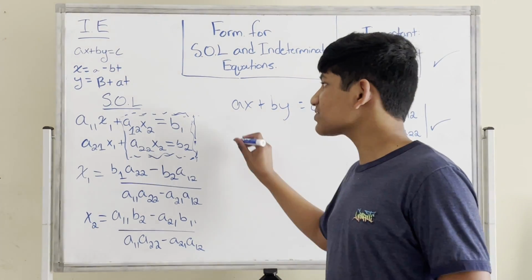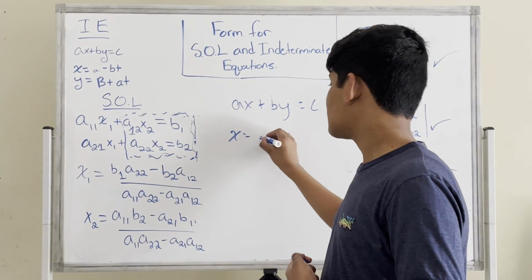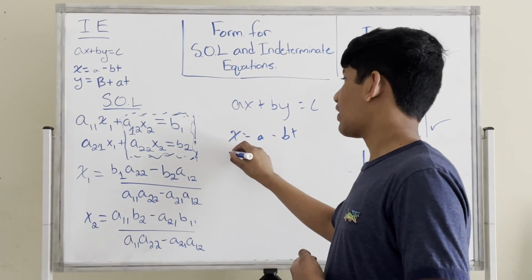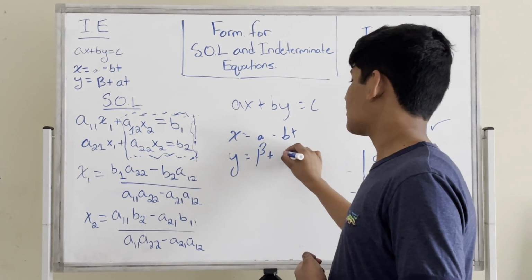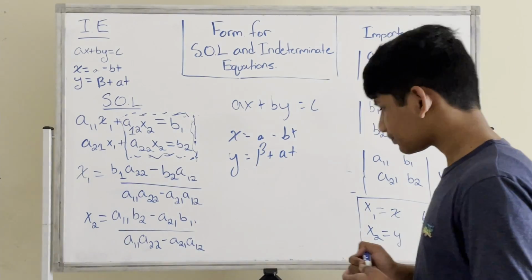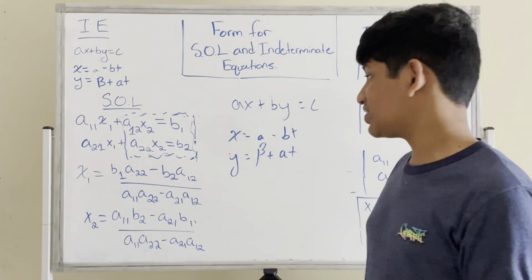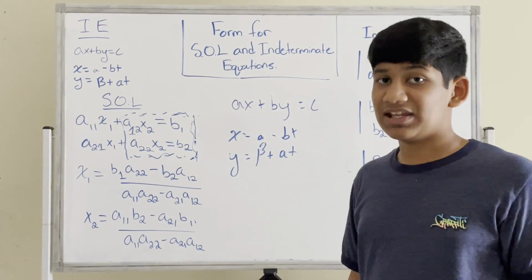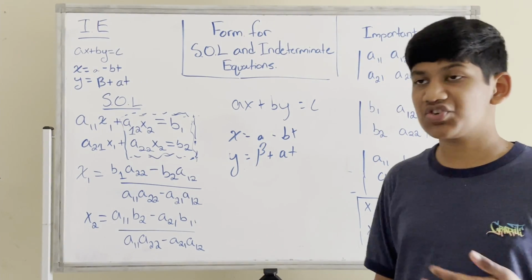The formula for these is x equals little a minus bt, and then y equals capital B plus at. Now, notice that this equation must be free from fractions, and little a and big B have to be integral solutions. Notice that a and B must be a solution that we can just plug in and check.